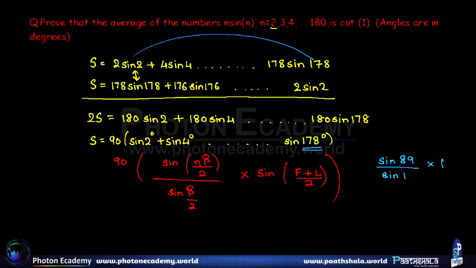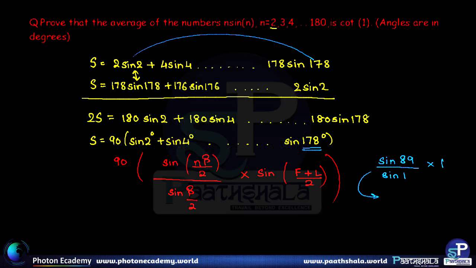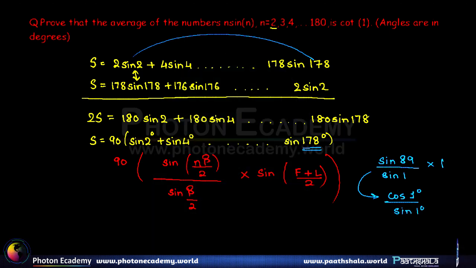So writing sine 89 in terms of cos, it's the same thing as cos of 90 minus 89, because sine theta is equal to cos of 90 minus theta. So we have 90 minus 89 is 1 degree upon sine 1 degree into 1 is just there.